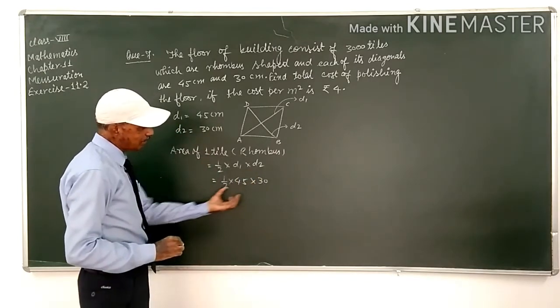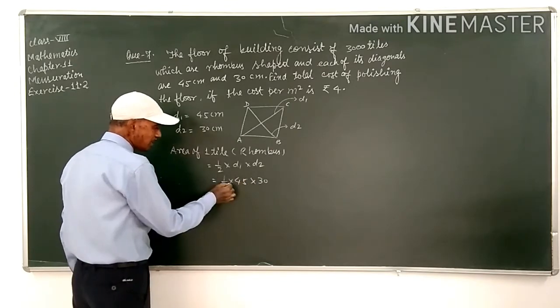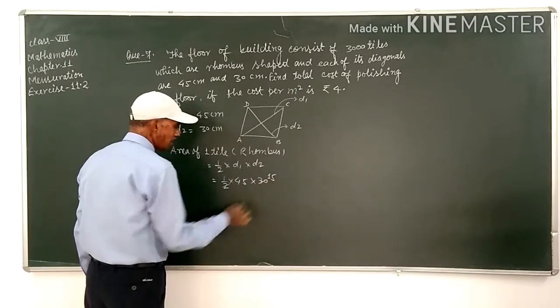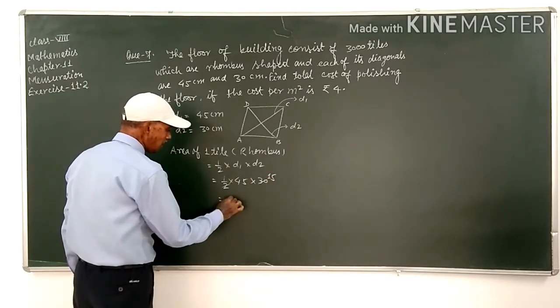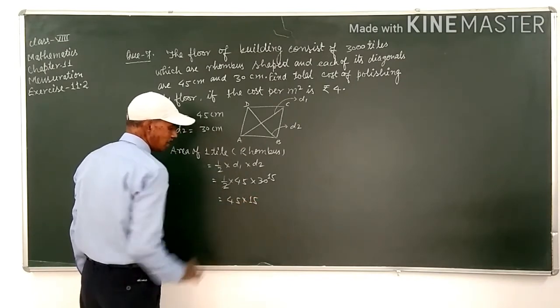These are the lengths of the first and second diagonal. So divide 30 by 2, that is 15. Now 45 into 15.